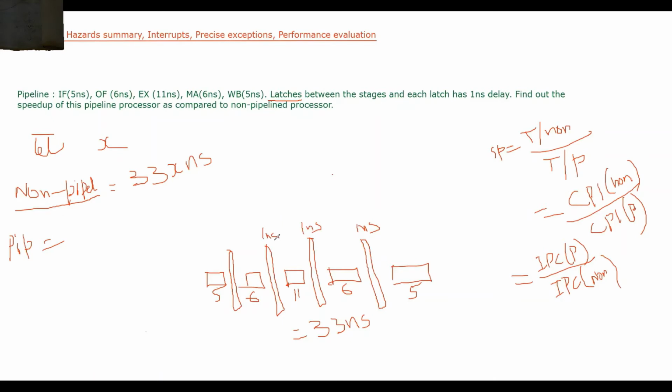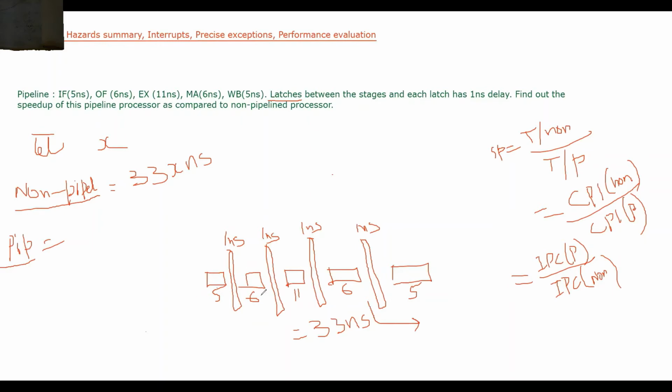So whenever you have to find this for a non-uniform pipeline, and here it is a non-uniform pipeline, non-uniform means every stage is taking a different time, we will first make this pipeline uniform. Uniform means that every stage is taking the same time.